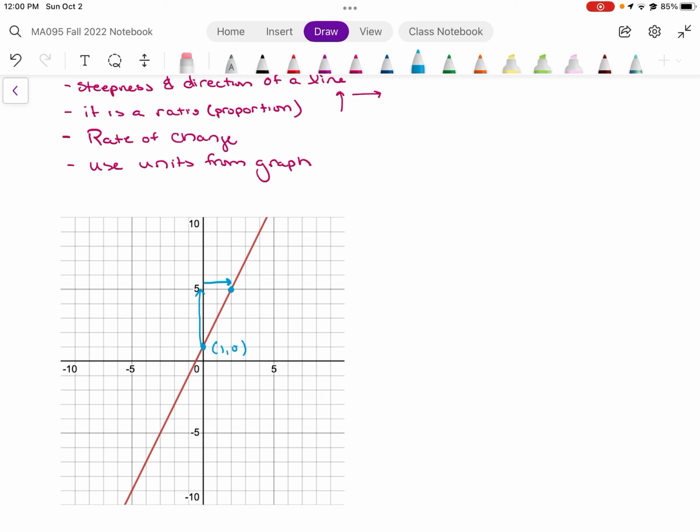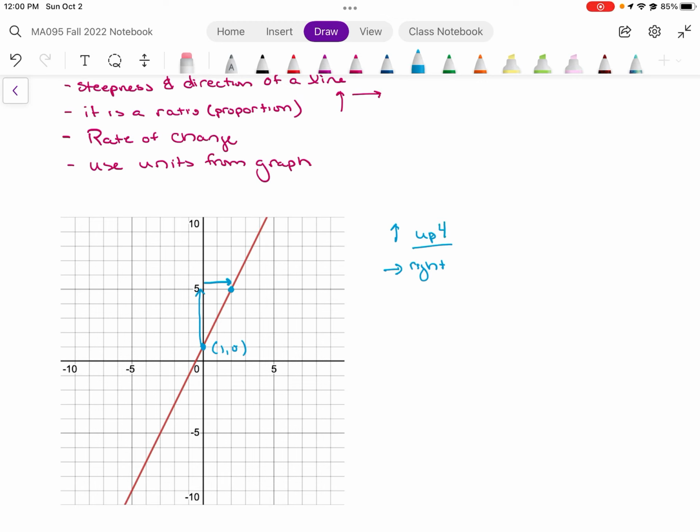All right, so the up and the over. The up is 2, so we're going to say up 2. Over is going to be, and I'm going to say right instead of just over. Oh, I think I got that wrong. For this one, I picked a different point when I was playing with this.